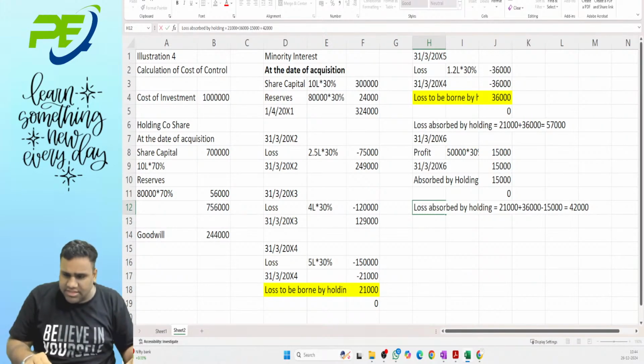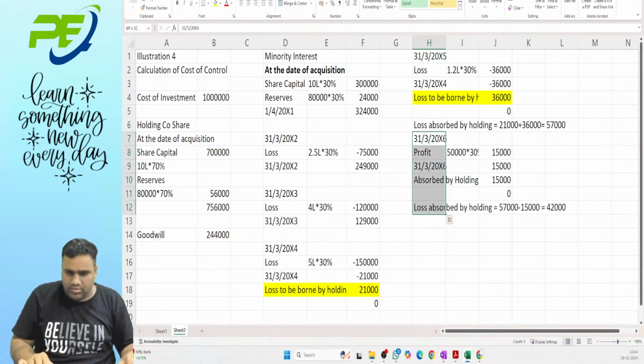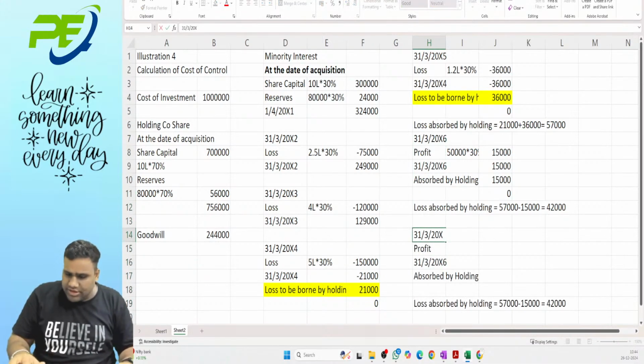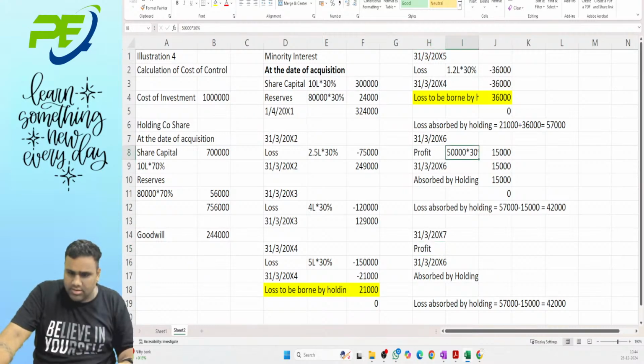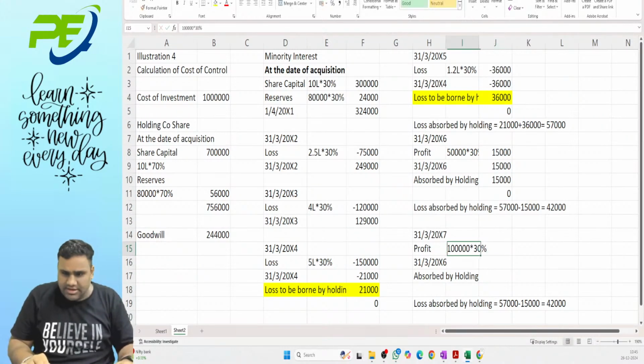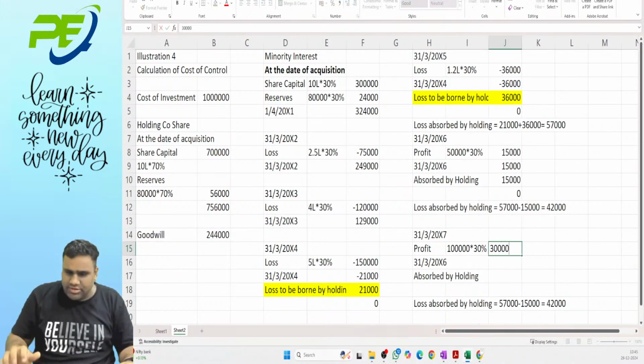Just a small correction. Here we'll start from 57,000 minus 15,000, which is 42,000. So 31st March 20x7 profit, 1 lakh into 30%, 30,000.